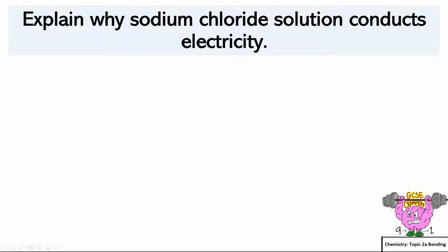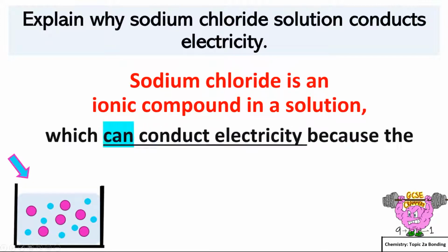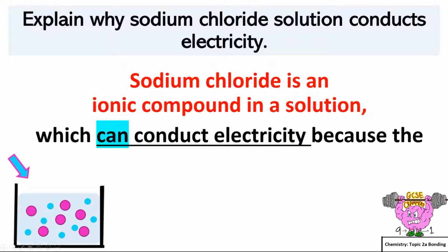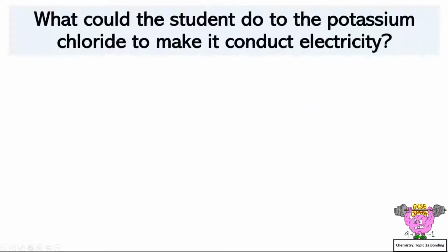Explain why sodium chloride solution conducts electricity. Sodium chloride is an ionic compound in a solution, which can conduct electricity because the delocalized ions can move and carry a charge. What could the student do to the potassium chloride to make it conduct electricity?